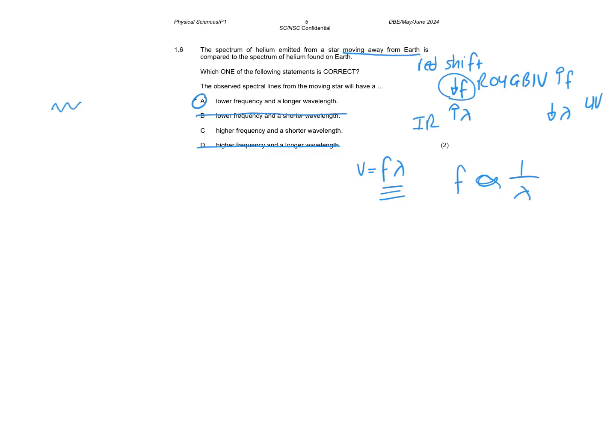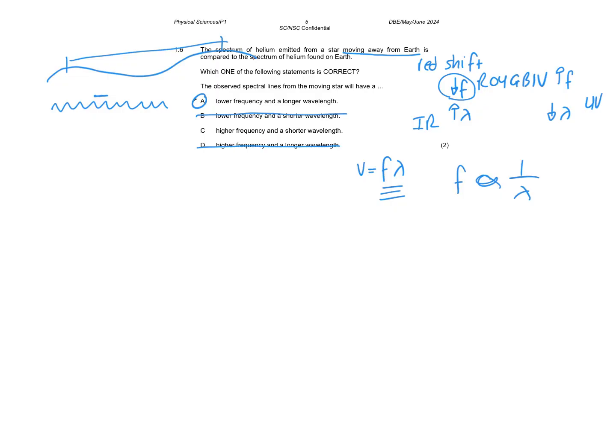When you're doing waves, if it's got a really big frequency, it's got a very short wavelength. If it has a really big wavelength, it's got a very small frequency. Frequency is how many waves per second, and wavelength is how long is each wave. So those are inversely proportional. So you can immediately exclude B and D, and then the other stuff, unfortunately, you would have had to study.